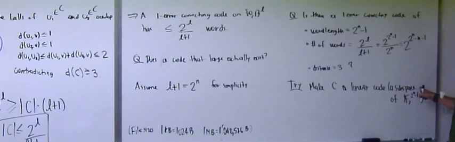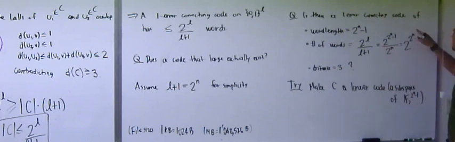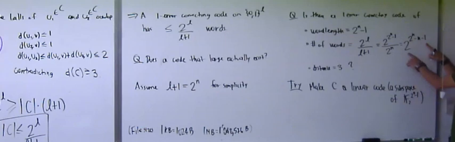Well, any vector space over F2 of dimension d has 2 to the d words. Right? Because you're just picking d coordinates, and each coordinate is 0 or 1. So if you want a linear code that has 2 to the (2 to the n minus 1 minus n) words, then that really already looks like a linear code where the dimension is this guy.